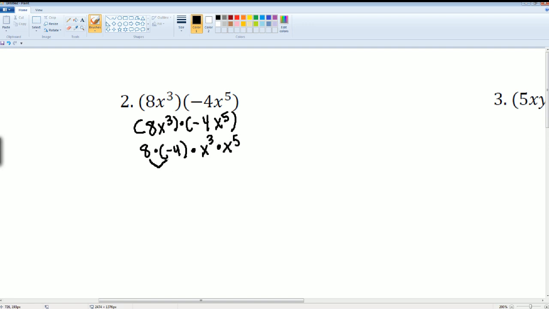What's 8 times negative 4? I got negative 32. When we multiply x cubed times x to the 5th, the exponent adds, so it's 3 plus 5. So my answer would be negative 32 x to the 8.